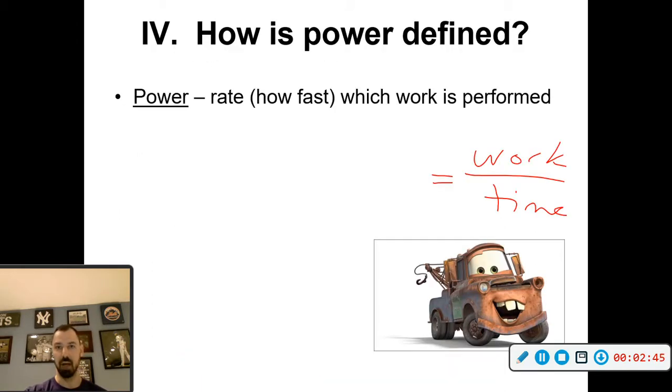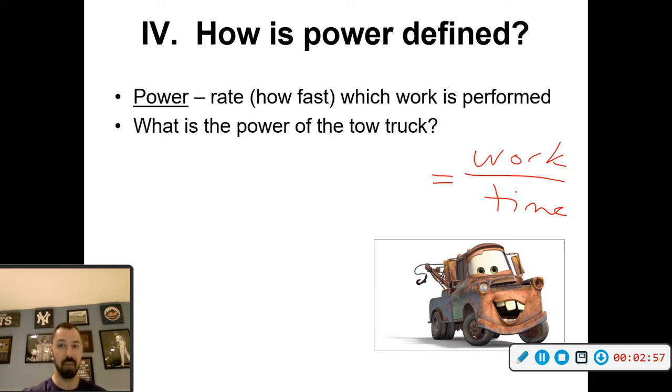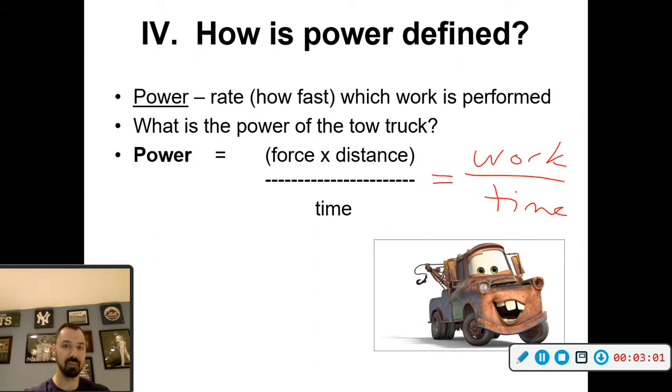Power, on the other hand, is a measure of how fast work is being performed. So it's basically looking at how efficient you are. What is the power of a tow truck, as an example, like Mater here? We can use the formula power equals force times distance divided by time.